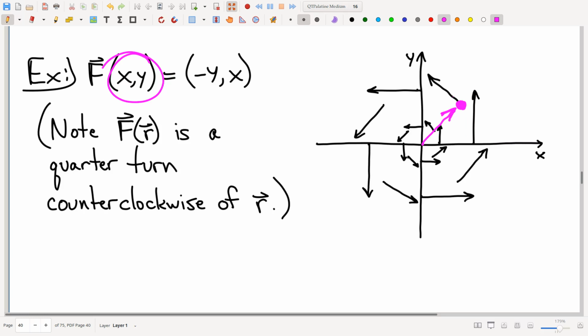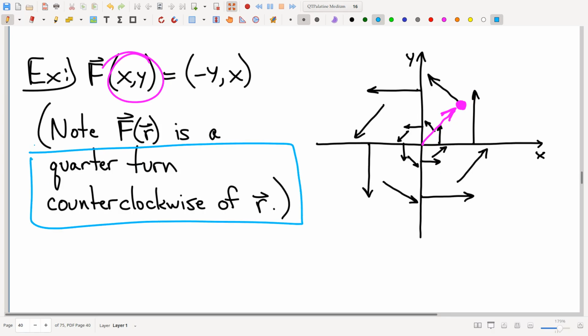I claim that if you take a quarter turn counterclockwise of that position vector, here's our position vector. A quarter turn counterclockwise would do like this, and the result would be a vector like so.